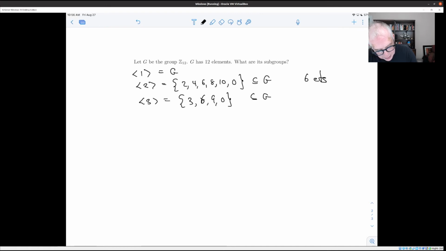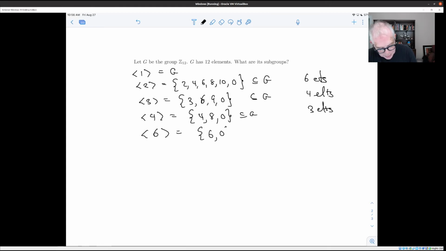That has 4 elements. If you take the group generated by 4, you get 4, 8, 0, which of course has 3 elements. And if you take the group generated by 6, it has 6, 0, which is 2 elements.